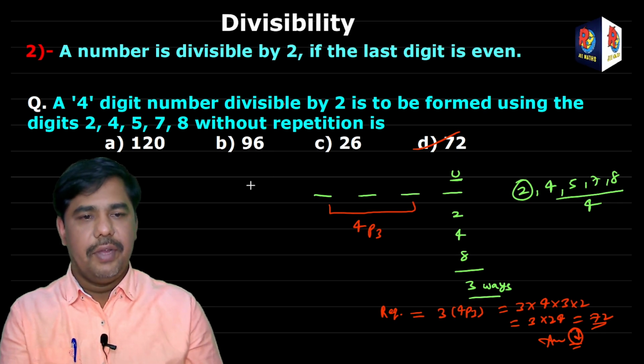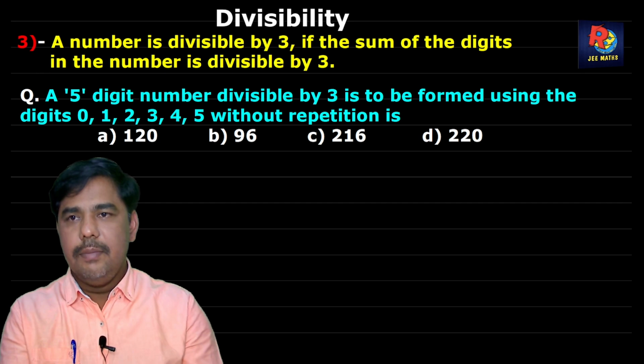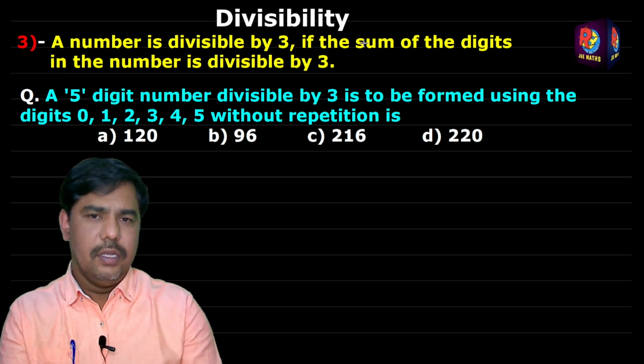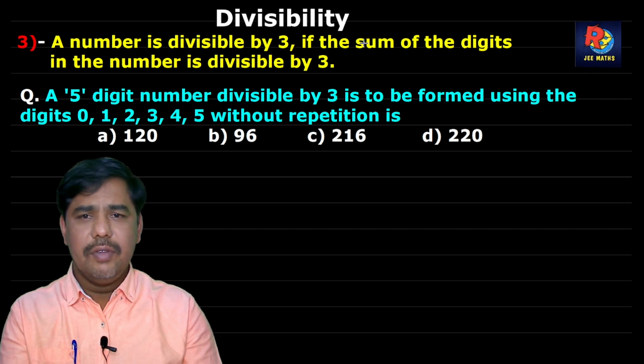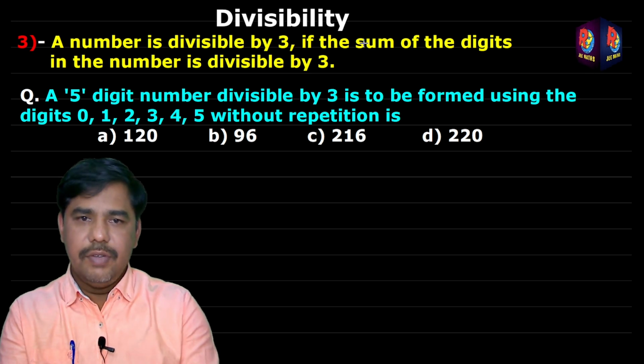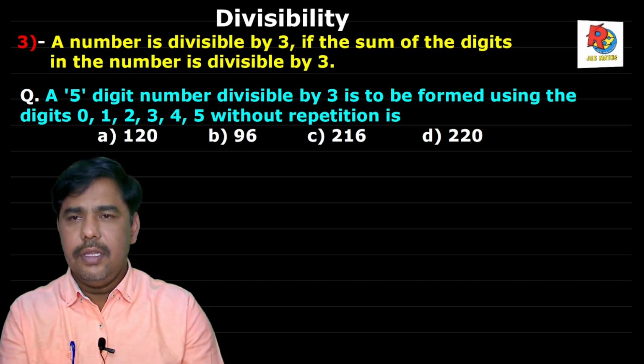Like this way we can find out. Next one, a number divisible by 3. If the number is divisible by 3, compulsorily the sum of the digits should be divisible by 3. Just observe this.